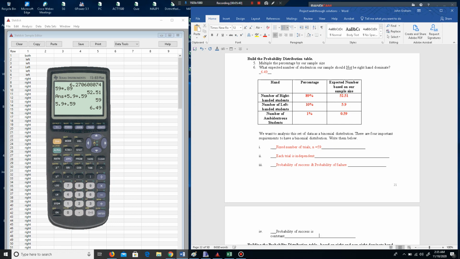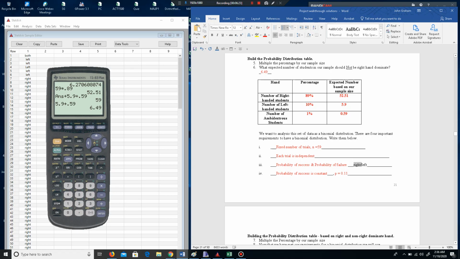Now, success in our case is going to be not right-handed, basically. So our probability of success is basically 11% here. So P is equal to 0.11. Success and failure are going to be not right-handed and right-handed.